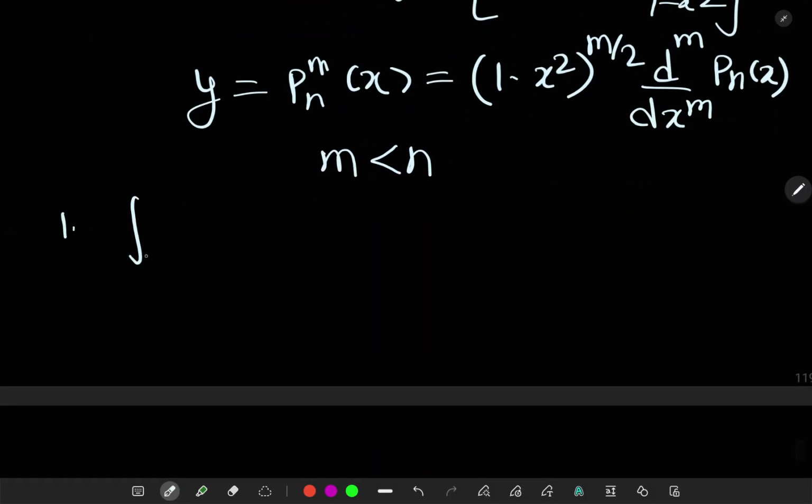Now some important properties of associated Legendre polynomial.